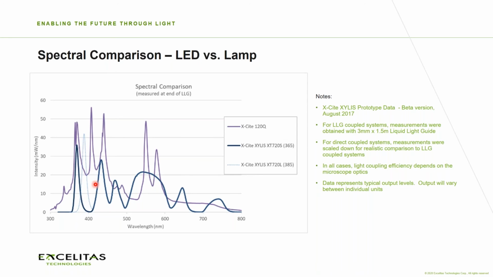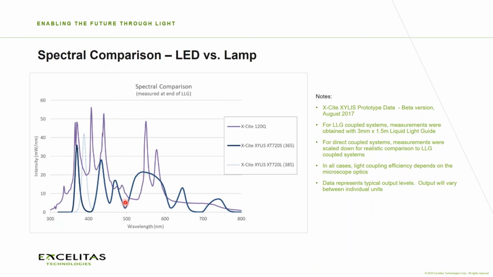Yes, you still have the mercury peaks that are very peaky, for lack of a different word. But the area under the curve of our 500 to 600 is more than sufficient for exciting a lot of the fluorophores in this region.